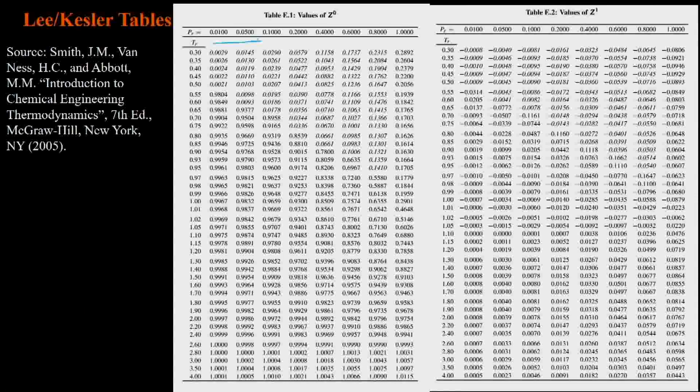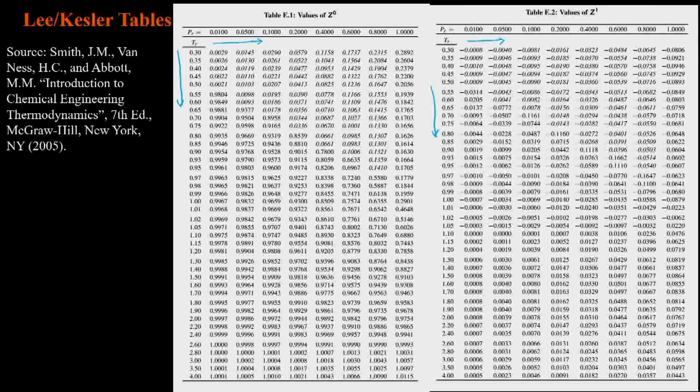It changes horizontally like that, and the reduced temperature changes vertically like that. Similarly, Z1 also is expressed as a function of reduced temperature and reduced pressure. These are tables for Z0 and Z1, right?